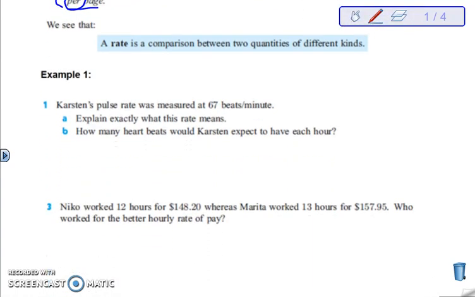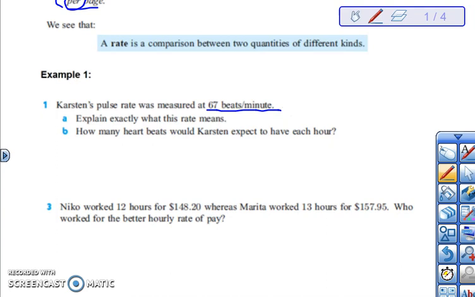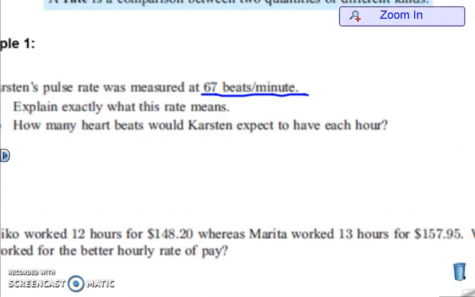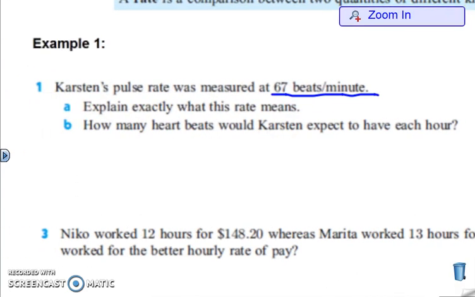So let's look at an example. Kristen's pulse is measured at 67 beats per minute. So we know we're dealing with a rate. We want to explain exactly what this rate means.